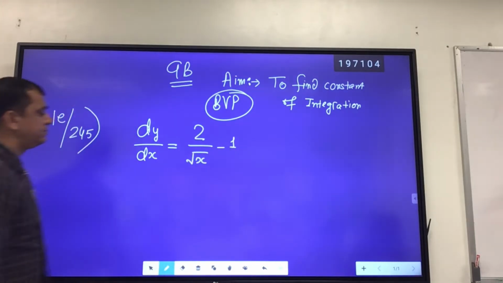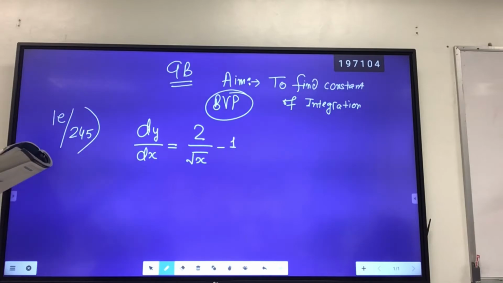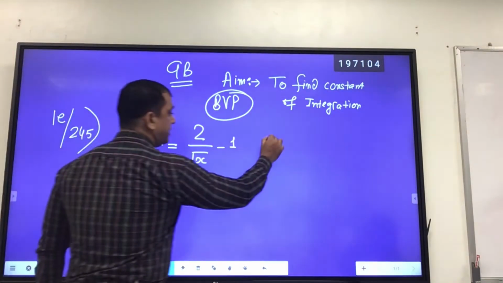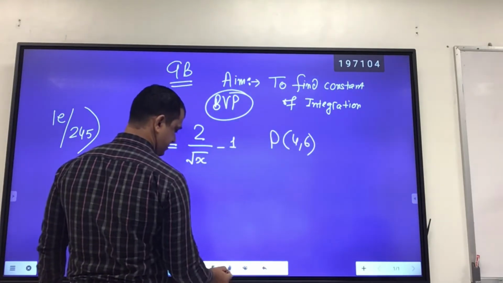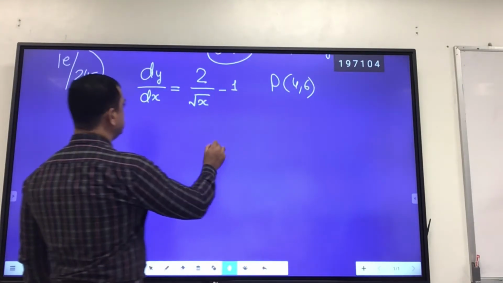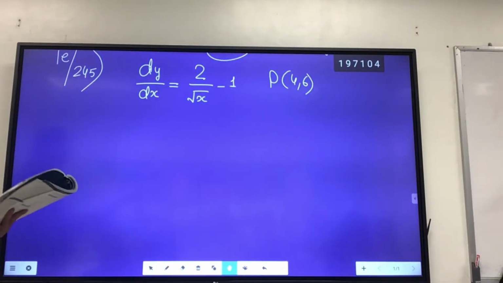This is the given derivative, or the gradient, at a point, and that point is P(4, 6). So the target is to find the equation of the curve.